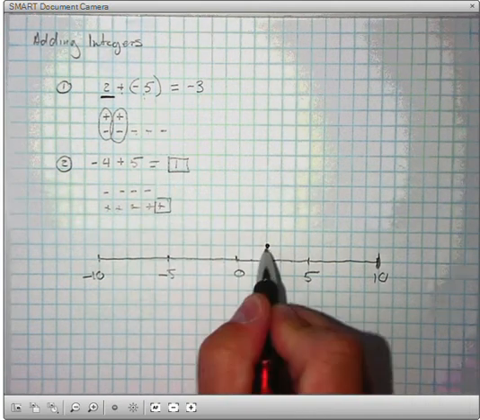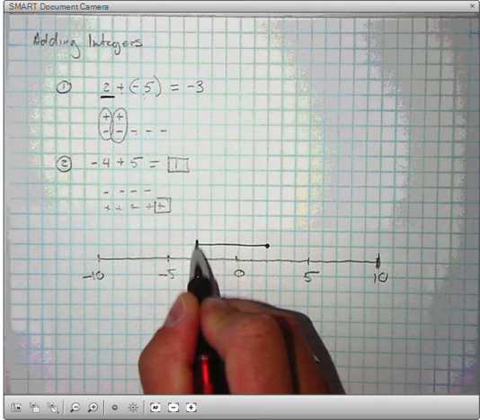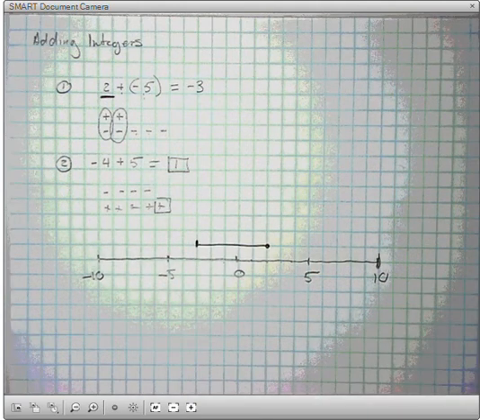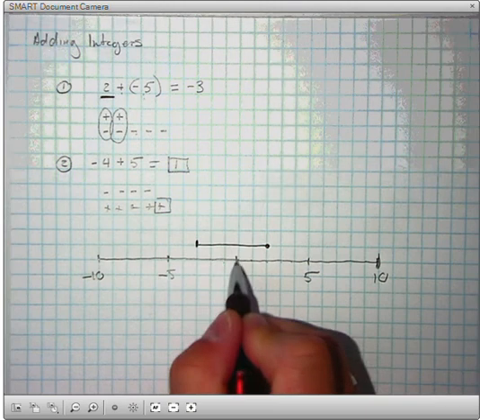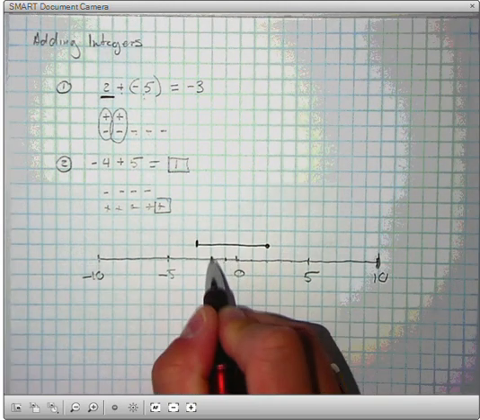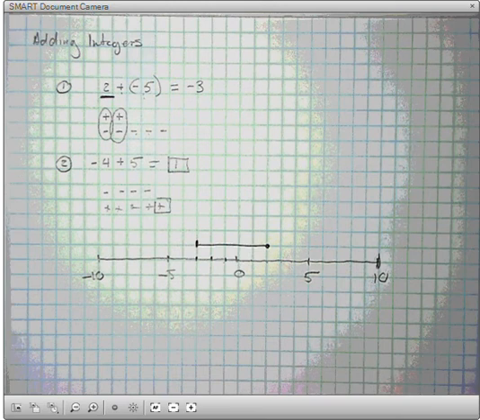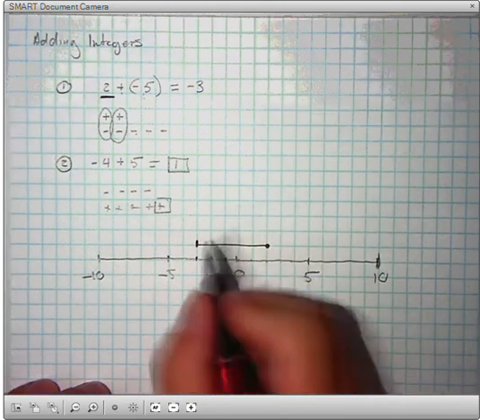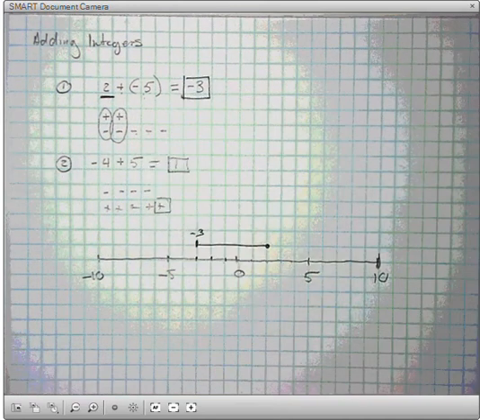So I'm going to go 5 in the negative. 1, 2, 3, 4, 5. What number did I end at? Here's negative 1, negative 2. What number did I end at right there? Negative 3. Yes, you end right there at a negative 3, which is exactly what our answer was in our first problem.